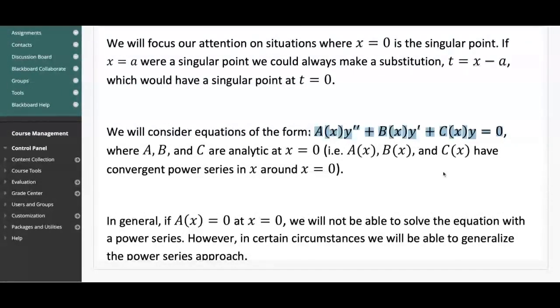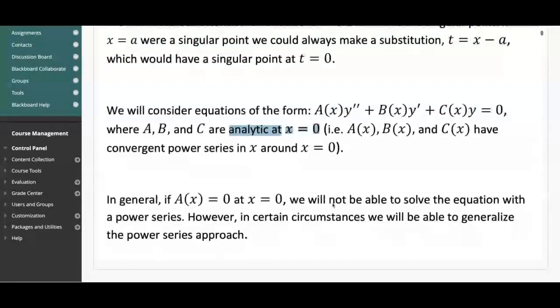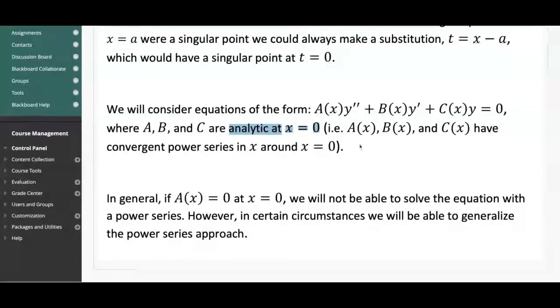This homogeneous equation, where A, B, C are analytic at x equals 0, which means analytic means the functions can be represented with a power series at the point. Right? That's what analytic means.